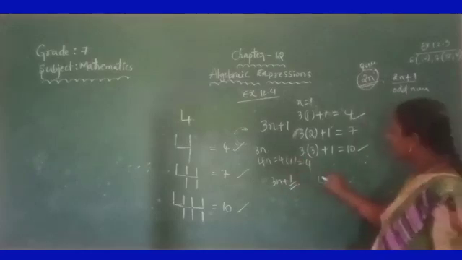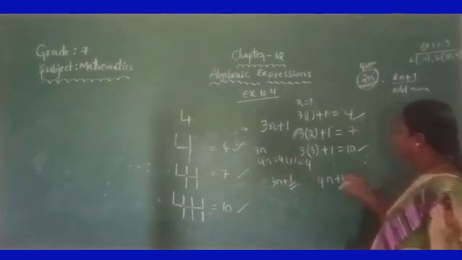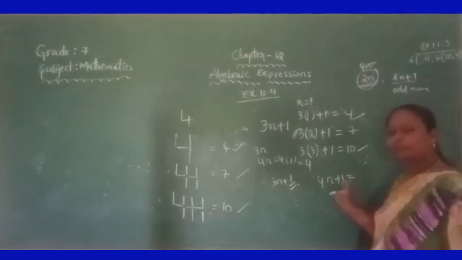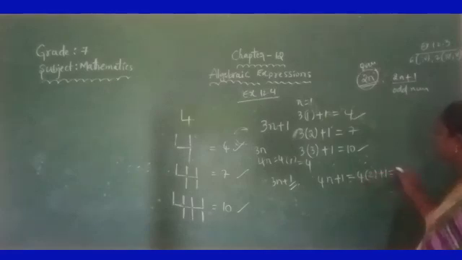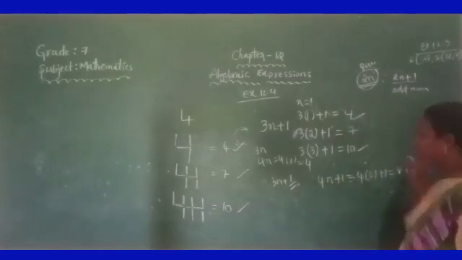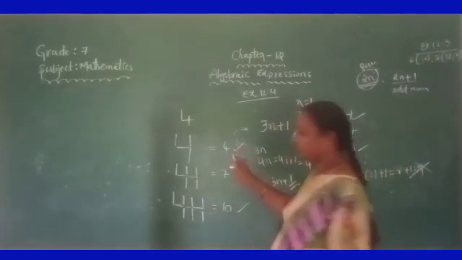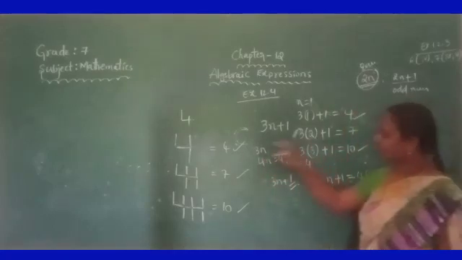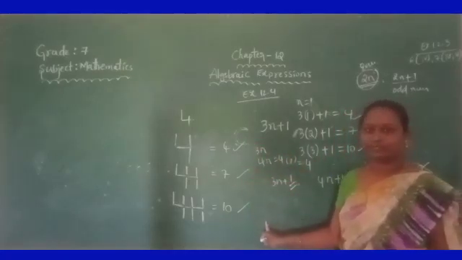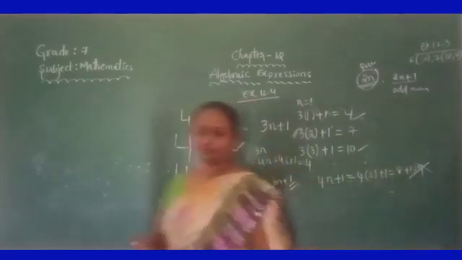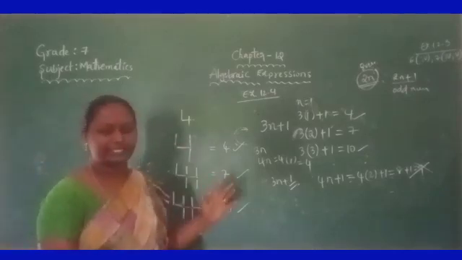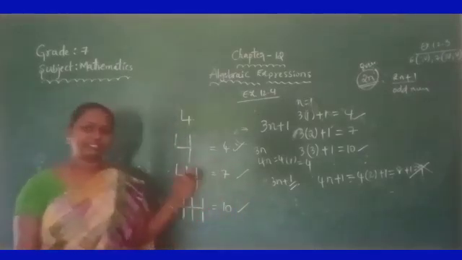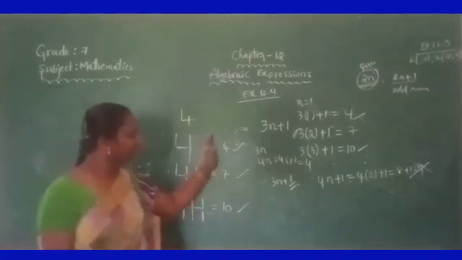So for 4 twos we have to add 4n plus 1. Then 4 into 2 plus 1 is equal to 4 twos are 8 plus 1. Is that correct? No. So that's why we have to take the pattern here 3n plus 1. Like that, you may take the remaining digits and find how many line segments are required. Like that, the patterns are on the numbers.